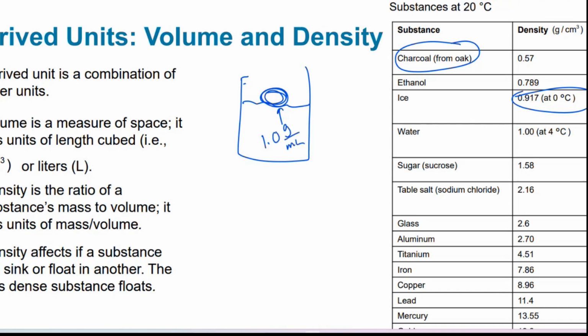Okay, I forgot to define that. So let's say water is 1 gram per milliliter. Okay, and something that's less than 1 is going to float on top, and something that's greater than 1 is going to sink to the bottom. Okay, so that's why before the sugar dissolves in your water, it's going to sink to the bottom.